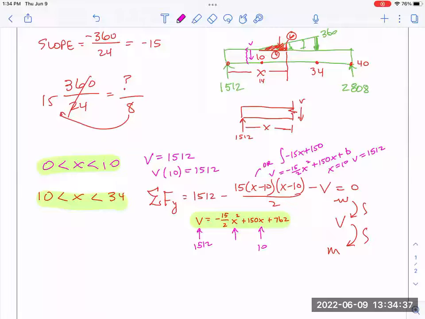It's got to be that leftover. Don't want to leave off the constant of integration. And throw 10, you have to throw it in B as well. So, oh, 1512 there.